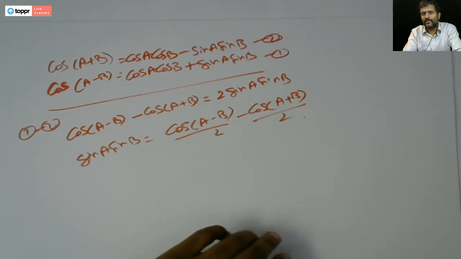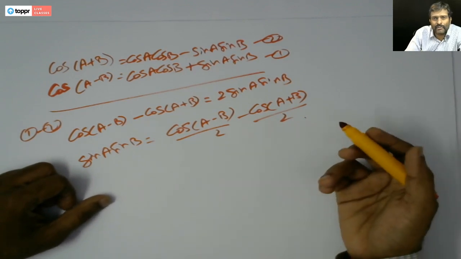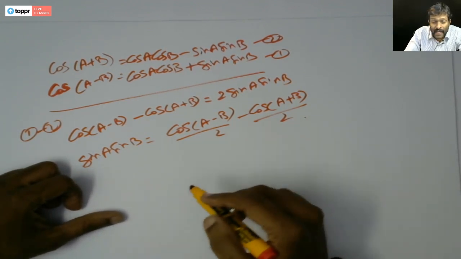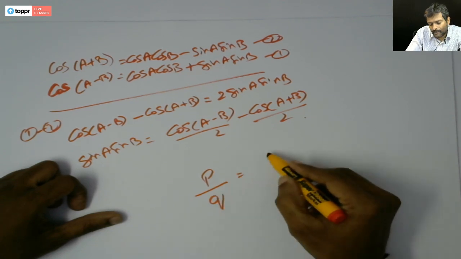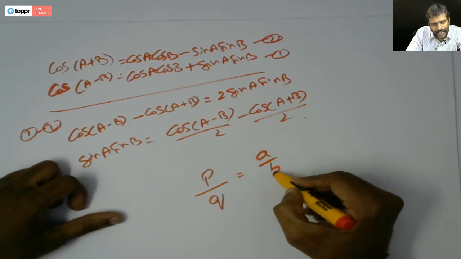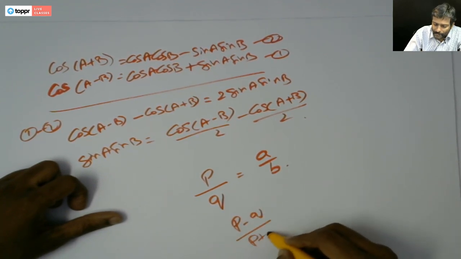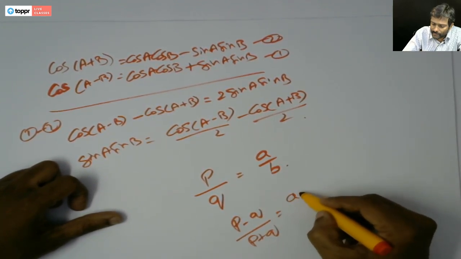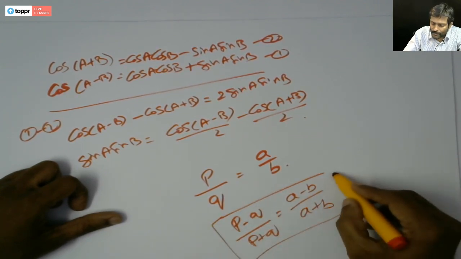Now let us talk about one rule, which is called componendo and dividendo rule, which we can apply in trigonometry also. Maybe you all might know, if you have P by Q is equal to say A by B, then what you can say is P minus Q by P plus Q is also equal to A minus B by A plus B. This is called the componendo dividendo rule.